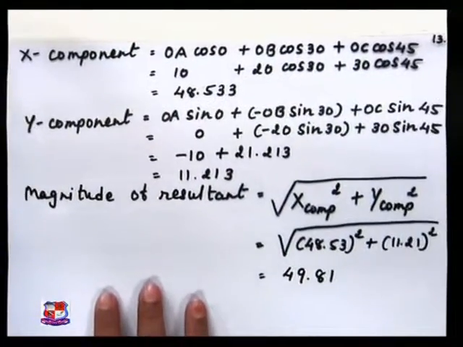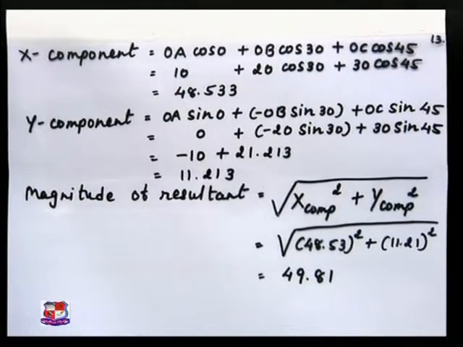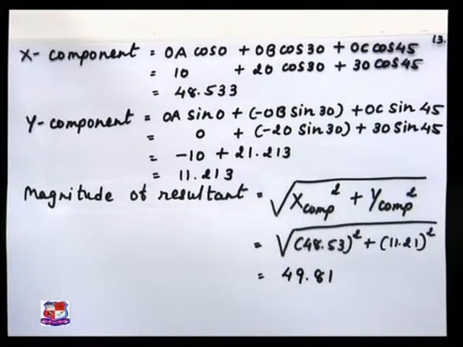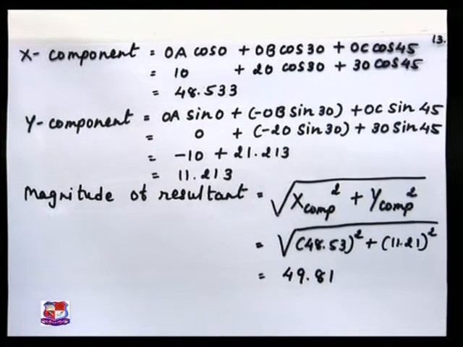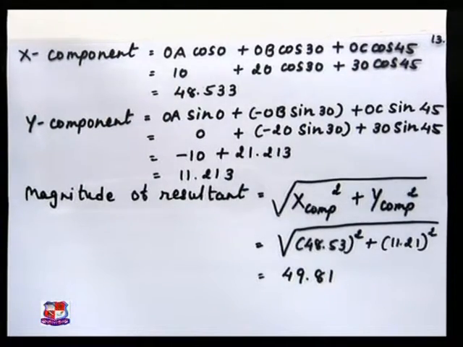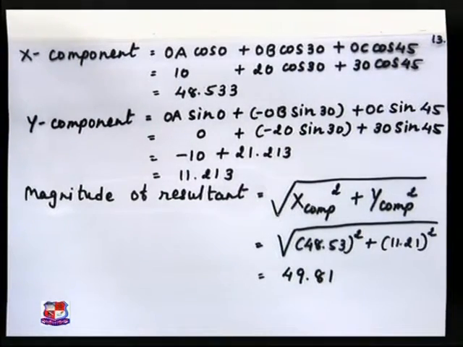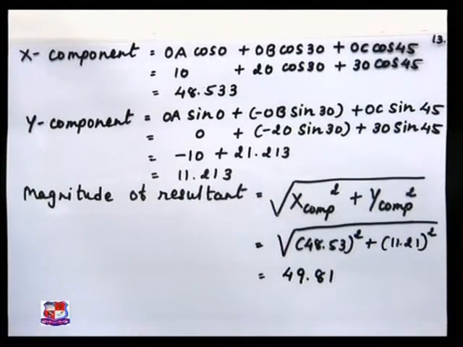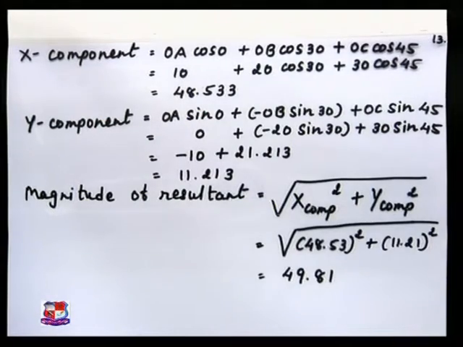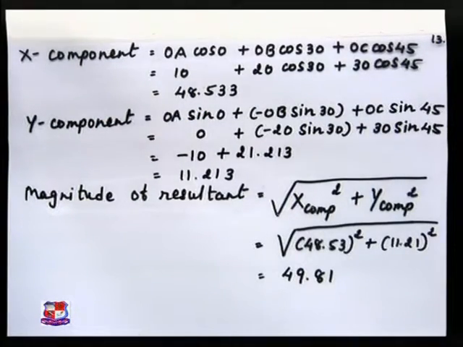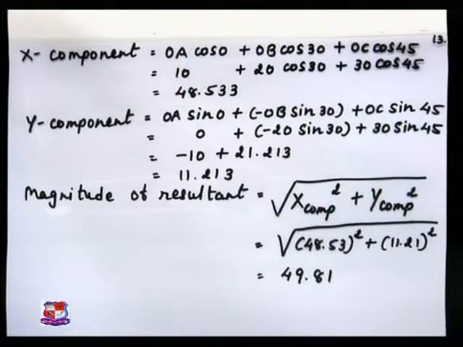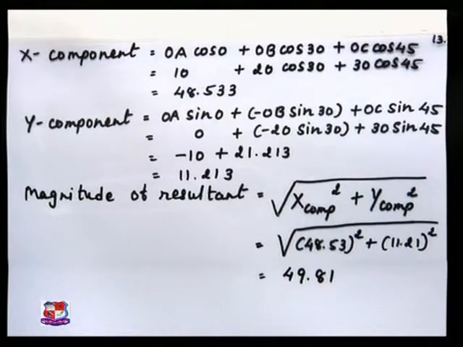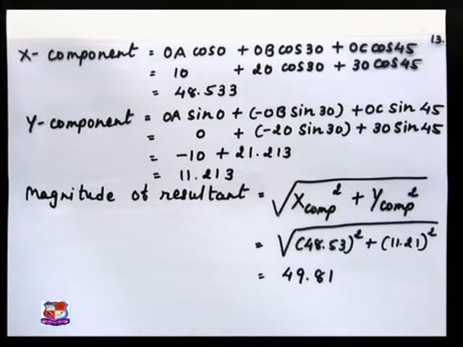So it is equal to OA cos 0, because the phase angle is 0, plus OB cos 30 plus OC cos 45. Cos 0 is 1, so it is 10 plus 20 cos 30 plus 30 cos 45. If you put in the values of cos 30 and cos 45, your final answer is 48.53. This is the x component for the three alternating quantities.